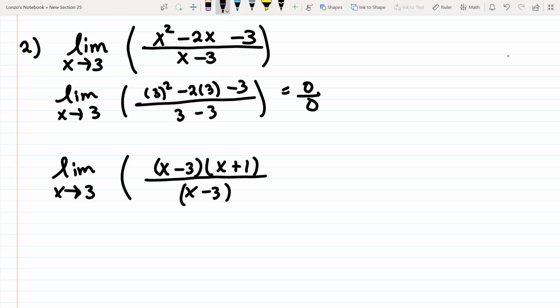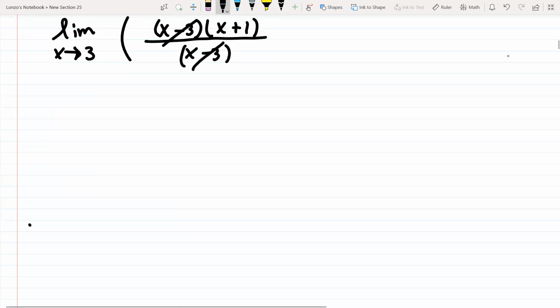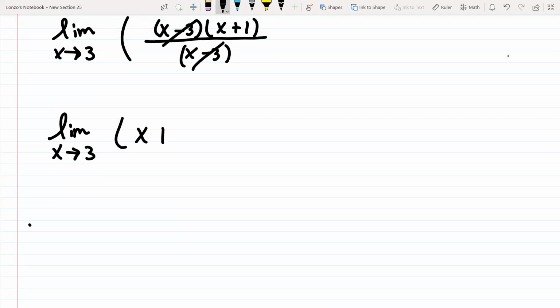And what do you see that cancels? The x minus 3. So this cancels, this cancels. So your limit as x approaches 3 is going to be x plus 1. Then when you plug in 3 into this, it's going to just give you a number. So that would be 4.